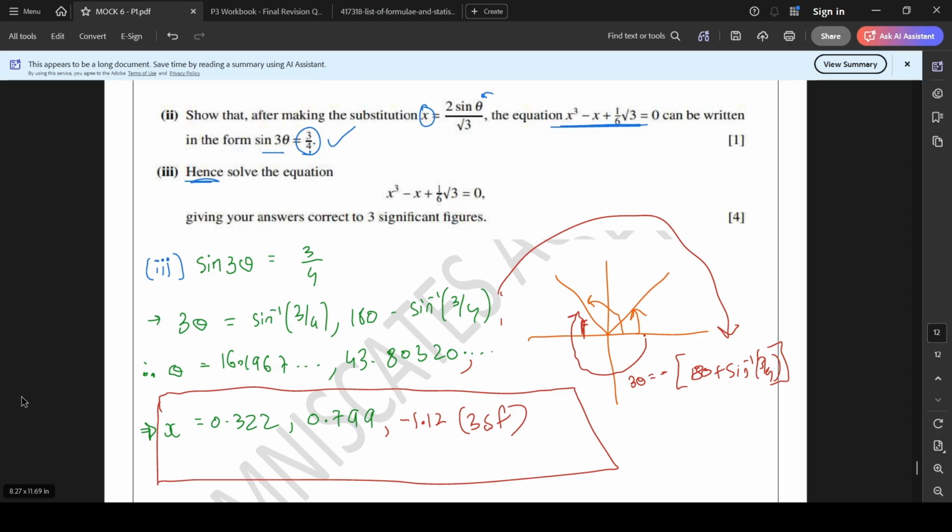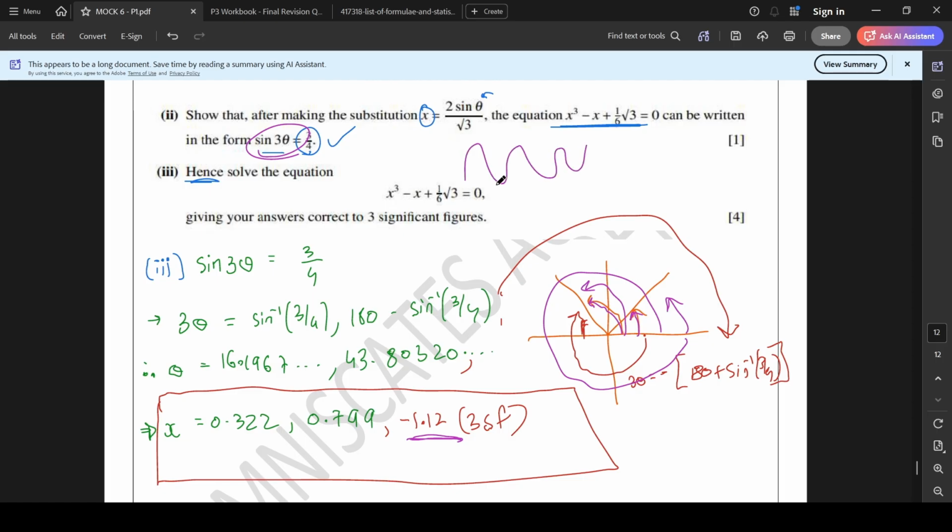Now, one more thing I would have liked to point out over here is if you had gone 360 plus this angle and 360 plus this angle, if this was not working, what you could have also done is you could have gone 720 plus this angle or 720 plus this angle. I am sure one of these angles must be giving your answer corresponding to minus 1.12 because of course I know that the sine cycle is a repetitive cycle.